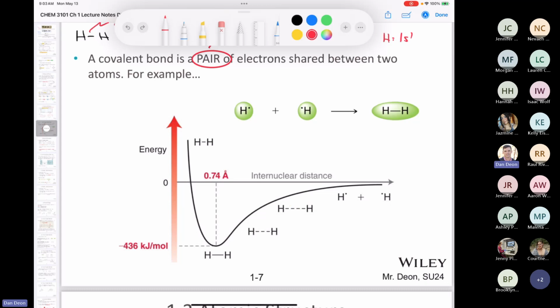Now, why would that be? Why would they start to be attracted to each other and achieve a lower energy scenario? Well, the reason why is because, now listen to my words very carefully. The attractive forces between the valence electron of one hydrogen atom and the neutron in the other hydrogen atom, those are going to be maximized, right?